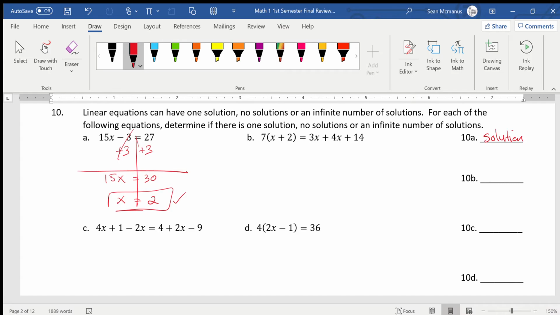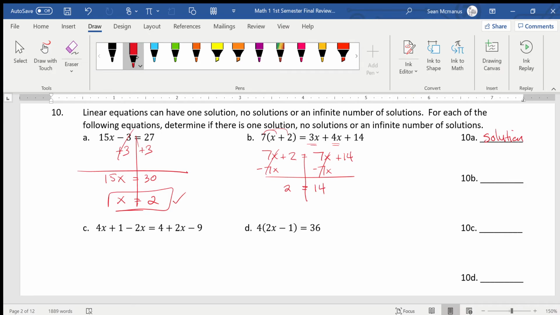All right, over here, we have to distribute on this side. So 7x plus 2 equals, and we combine like terms on this side. 3x and 4x is 7x plus 14. And if I subtract 7x from both sides, those cancel, and actually those cancel, so I'm left with 2 equals 14.